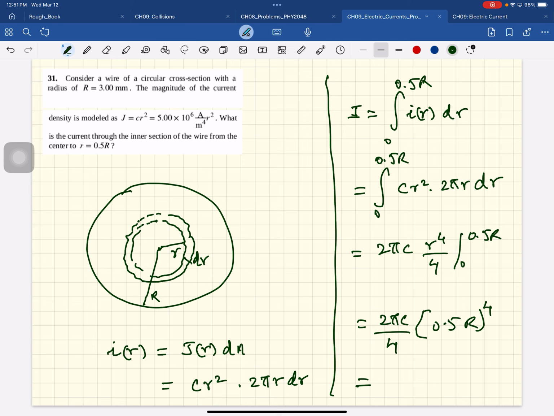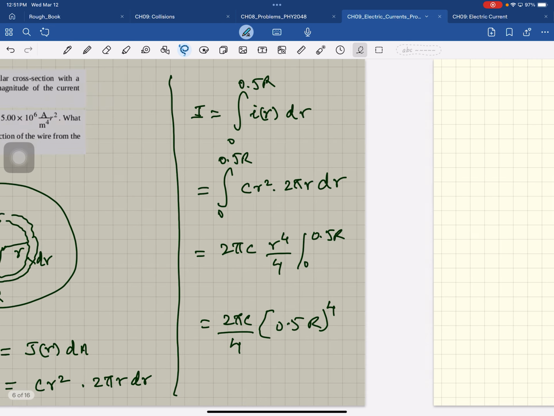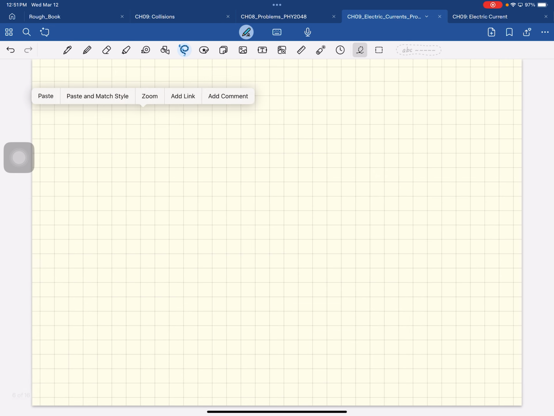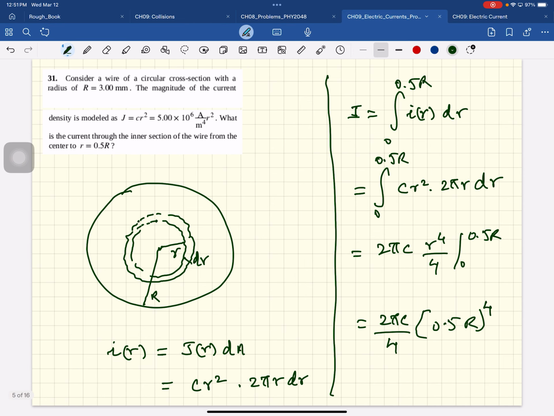All right. So the current through the inner half is 2 pi over 4. C is 5 times 10 to the 6.